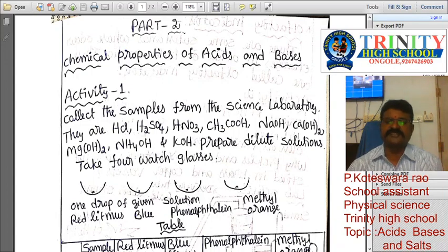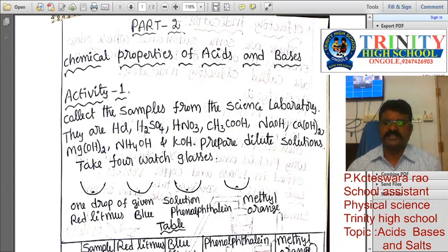HCl, yesterday we already said, is hydrochloric acid or hydrogen chloride. Next one, H2SO4 means sulfuric acid. HNO3 nitric acid. CH3COOH acetic acid. NaOH sodium hydroxide.